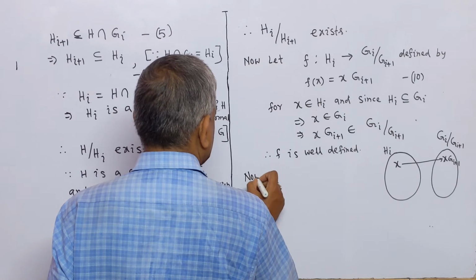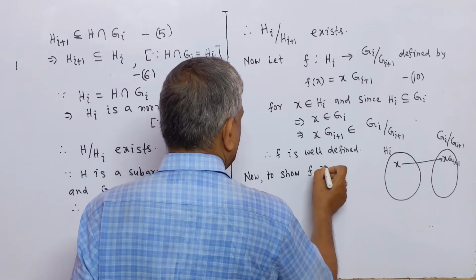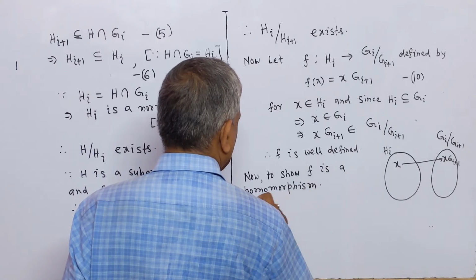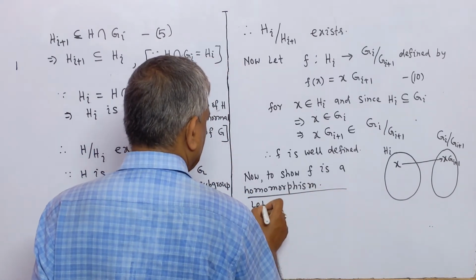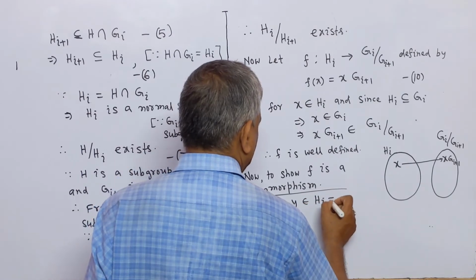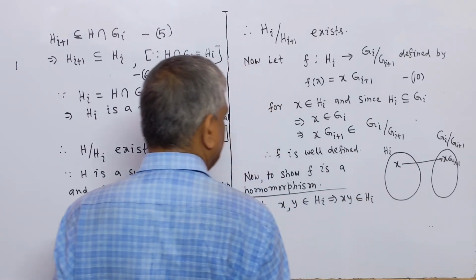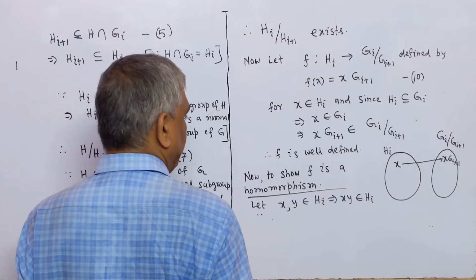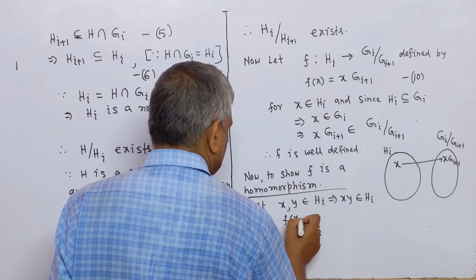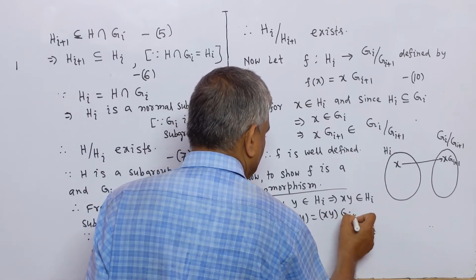Now, to show F is a homomorphism, let x, y belong to Hi, implies that x operation y belongs to Hi, since Hi is a normal subgroup, implies that F of xy equals xy Gi plus 1.